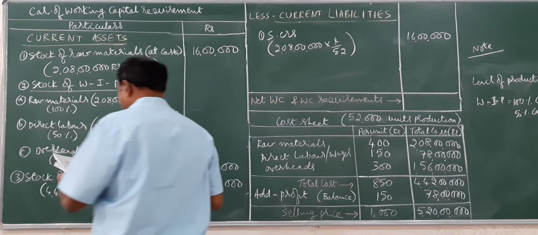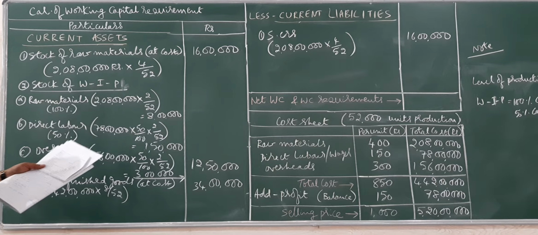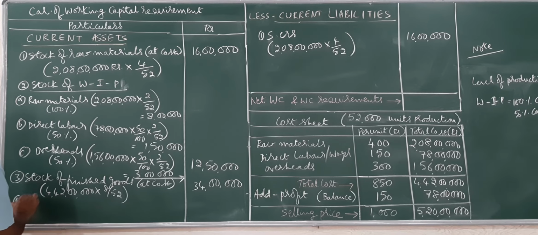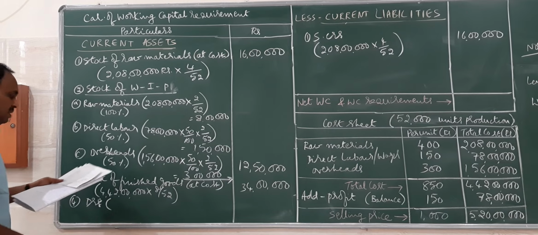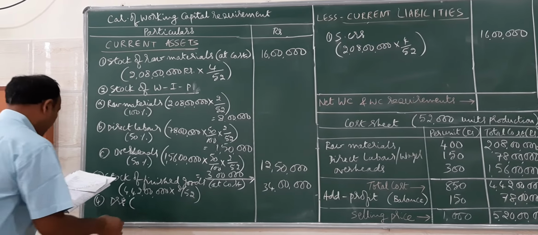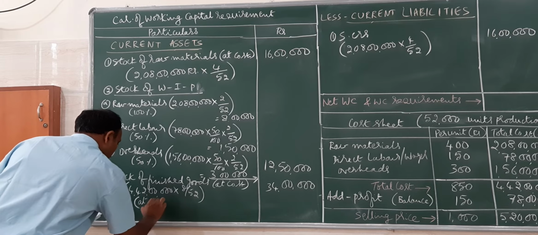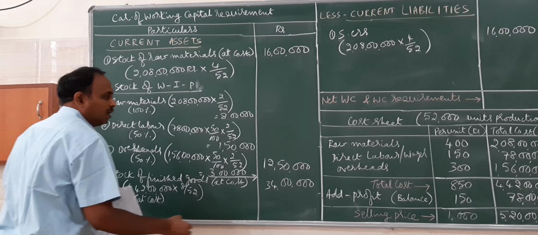The next one is credit allowed to debtors. Credit allowed to debtors is a current asset, so we have to take it at cost. If nothing is told, we can do it at cost.